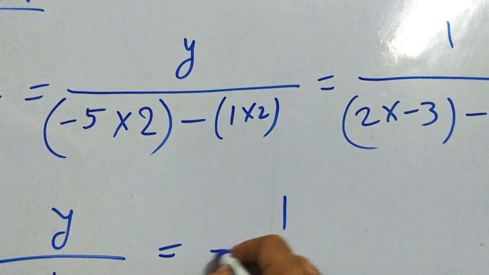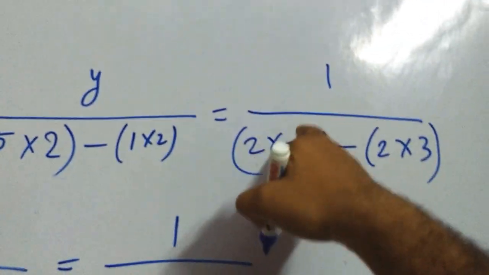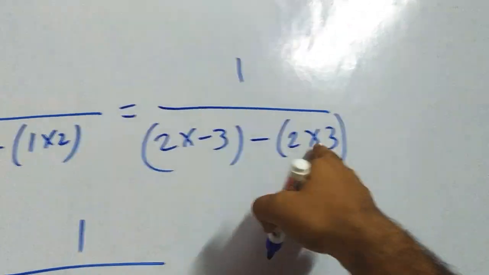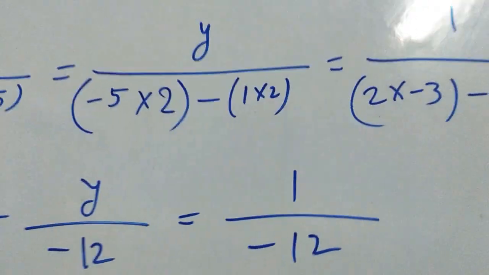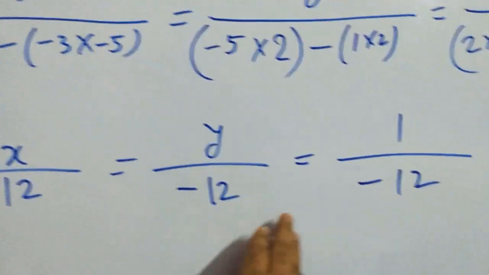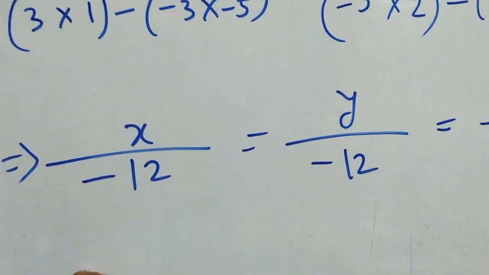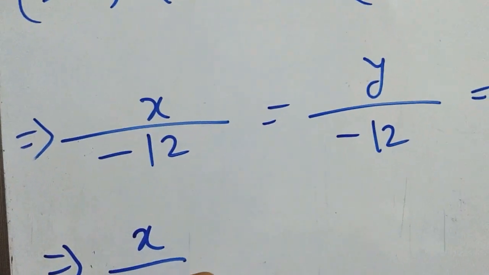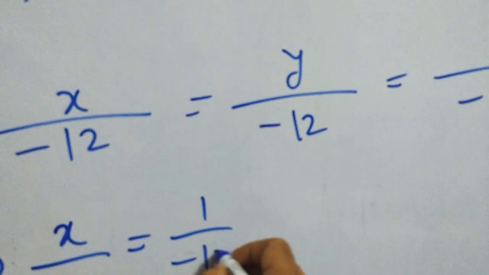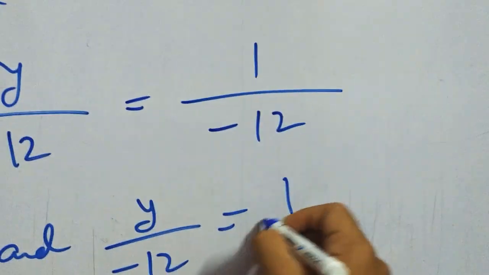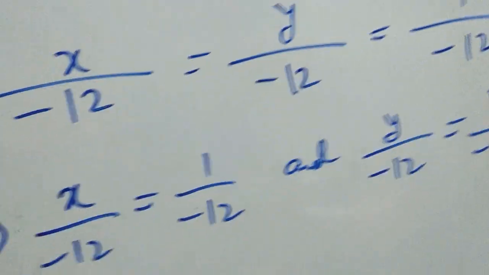And 1 by, it is minus 6 minus 6, so it is minus 12. Very easy. So x by minus 12 equals y by minus 12 equals 1 by minus 12. Let us make the parts here.